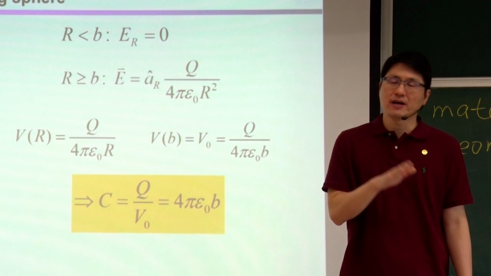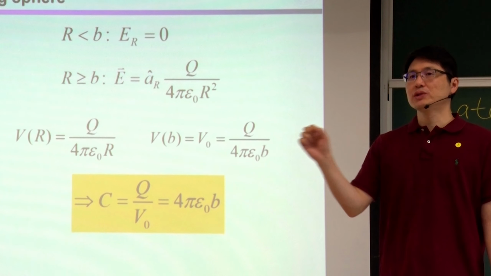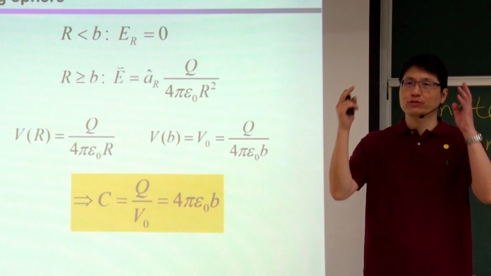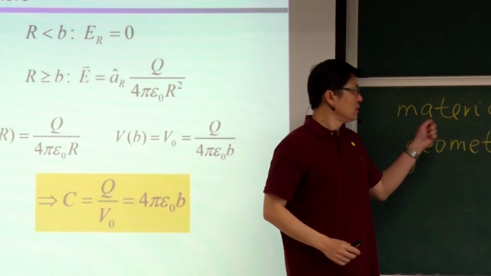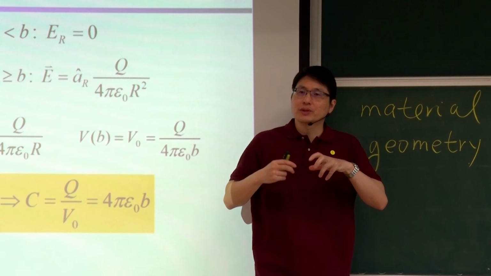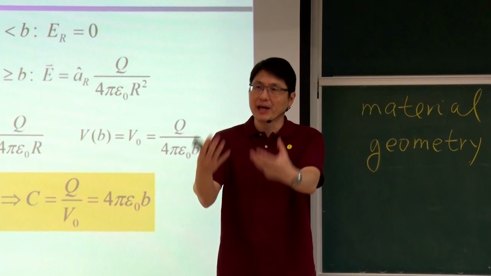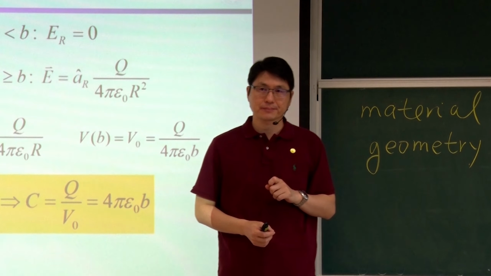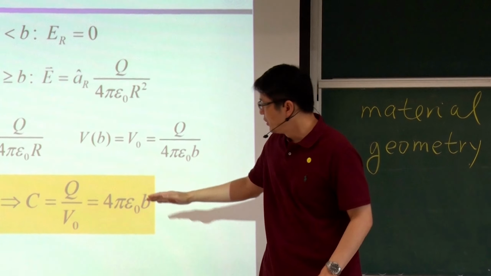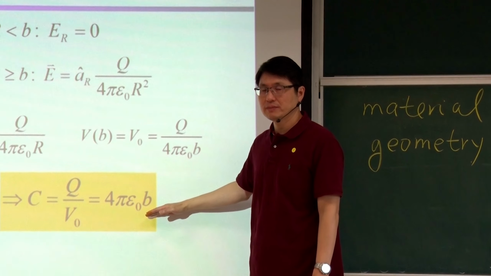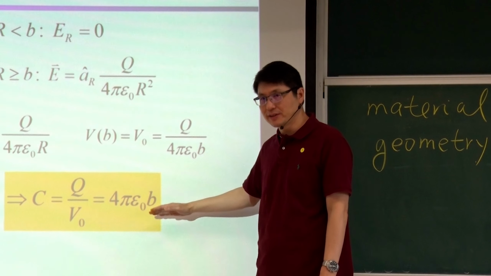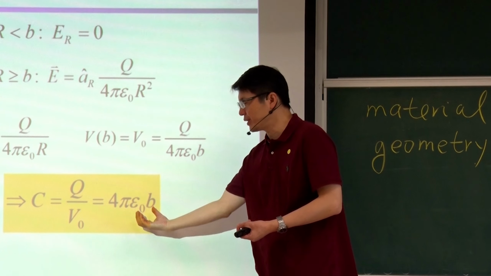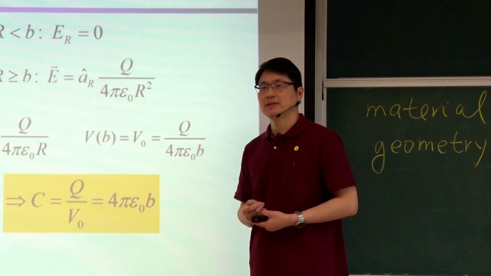Starting from this point on, whenever you try to derive a capacitance value, you always have to bear in mind your result should somehow show the dependence on material and geometry. So look at the simple expression. It is correct indeed, but where is the material response showing up?